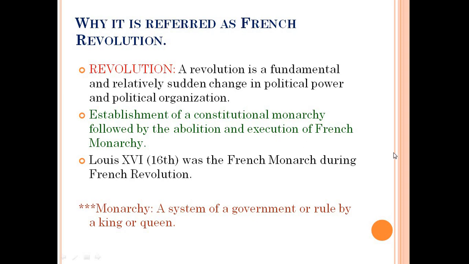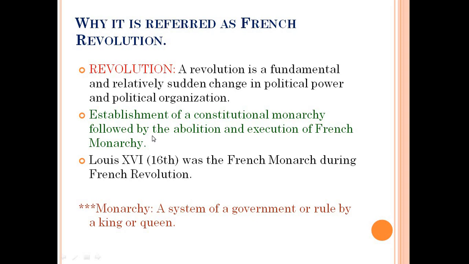Clear? And now let us find the connection with the French Revolution. After the French Revolution, what happened in France was the establishment of a constitutional monarchy, followed by the abolition and execution of the French monarchy.